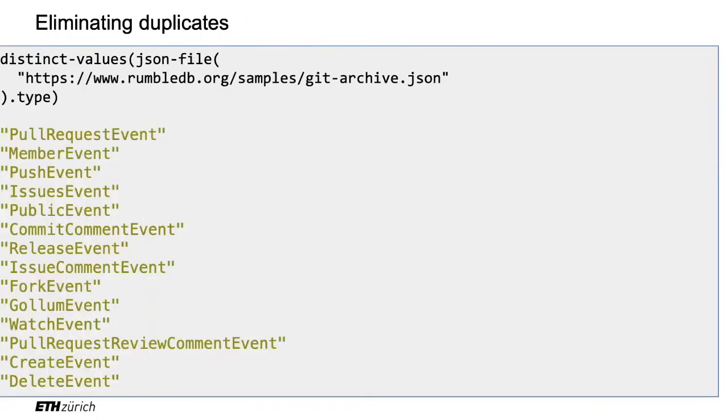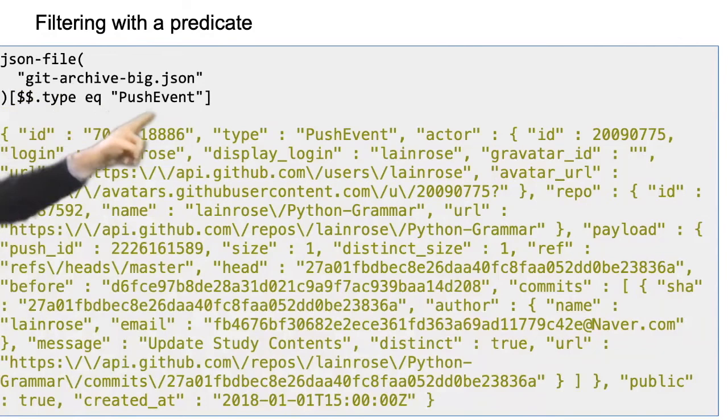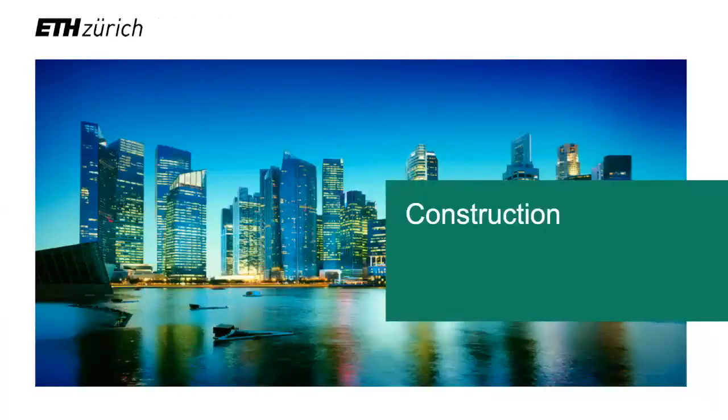How did I find push event? That's because I did this distinct values type and I just picked one of them. Knowing that it exists, I then tried to filter for it. So you see the reasoning, the pattern of the schema discovery and trying to analyze the data set. And you can do that with RumbleDB without knowing anything about the data set in the first place. This is really just exploration.